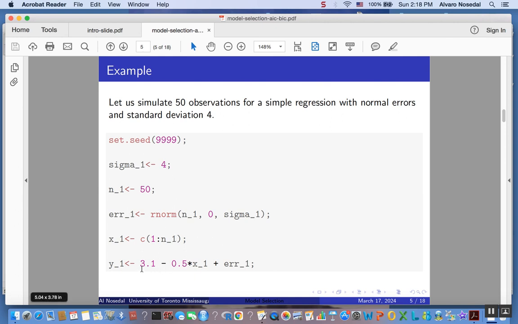Finally, y is going to be your predictor, your x, plus this random fluctuation that comes from this normal with mean 0 and standard deviation 4. So we're going to add these. As you can see in our simulation, beta 1 equals negative 0.5 and beta 0, the y-intercept, is going to be 3.1. Okay, so let me launch R.